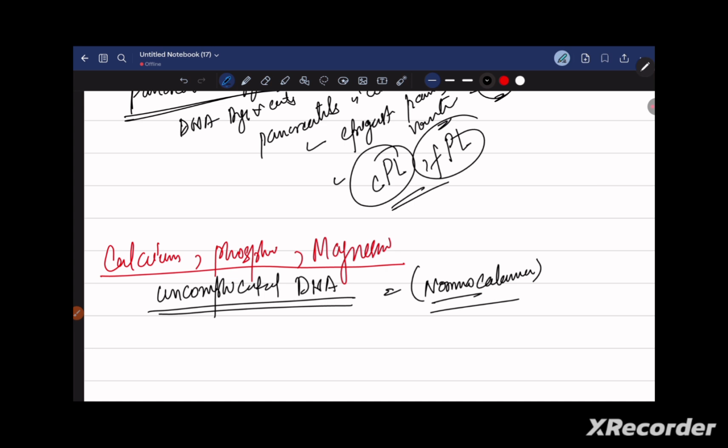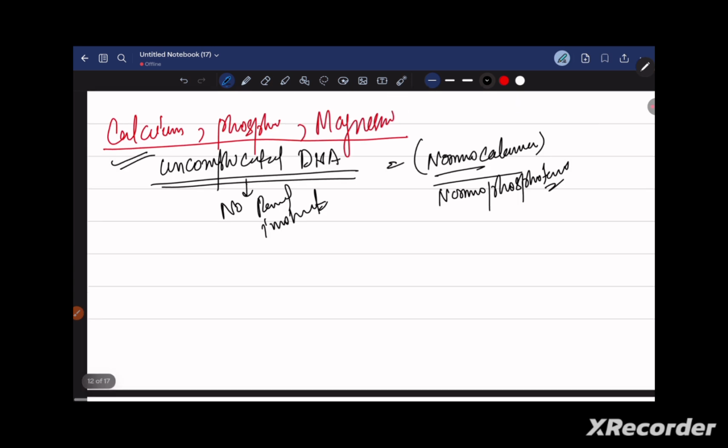Serum calcium and phosphorus will be normal, normocalcemia and normophosphatemia, in uncomplicated DKA patients. What are uncomplicated DKA patients? Means no renal involvement.